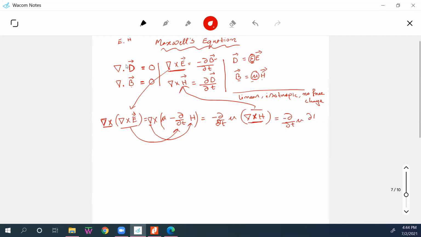It's d by dt of D, and D is also psi E. So in total, minus mu psi d square by dt square E. Okay. Yes, so this is actually our one formula.